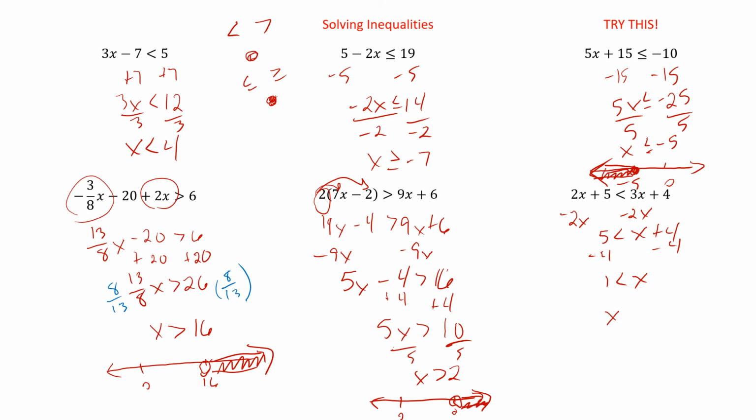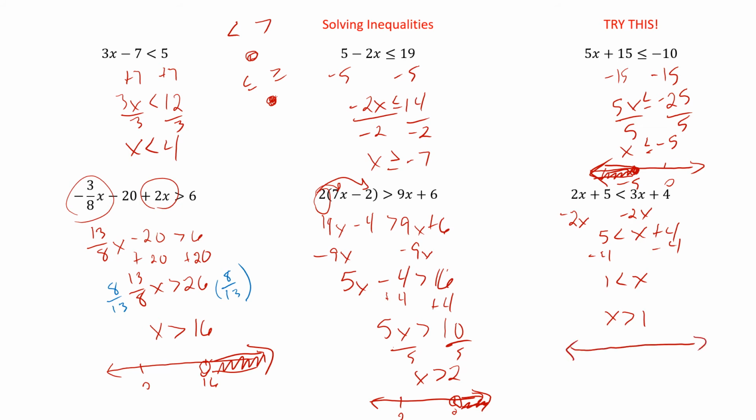We can make this x is greater than 1. When we flipped the order here, notice the sign flipped with us. We need to make sure it's still pointing at the same thing. It was pointing at the 1. So when we rewrite it, it still has to be pointing at the 1. We can't just move things to the other side without looking at the sign.